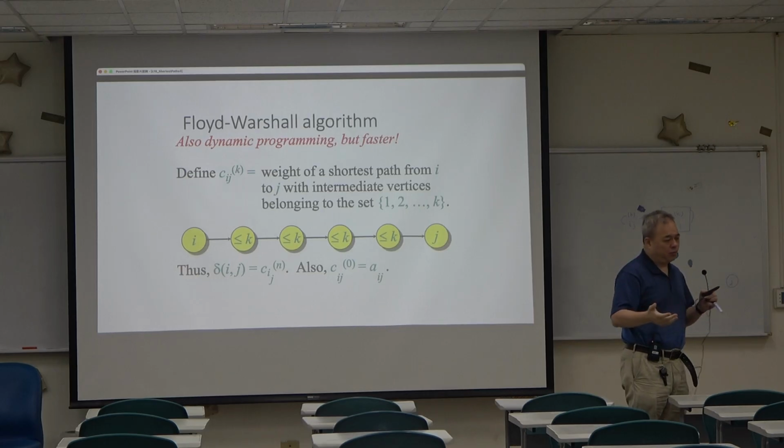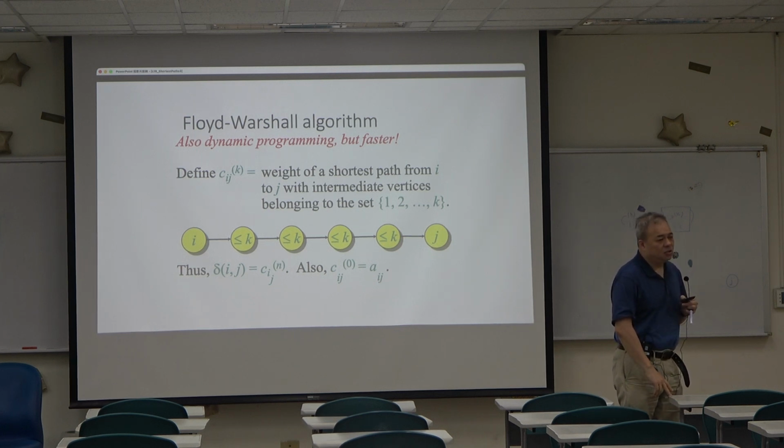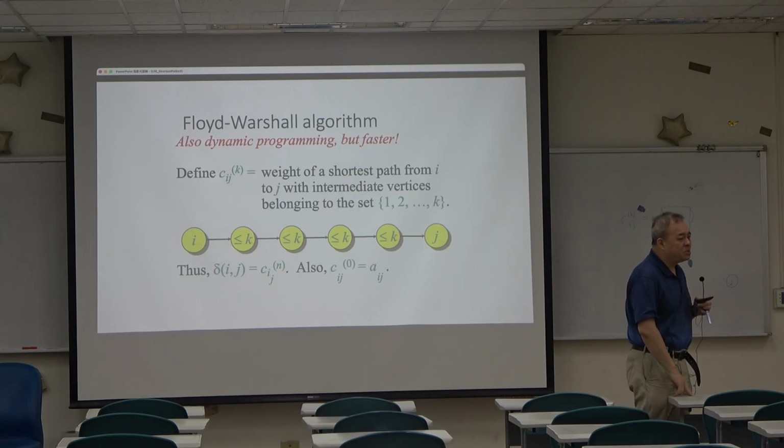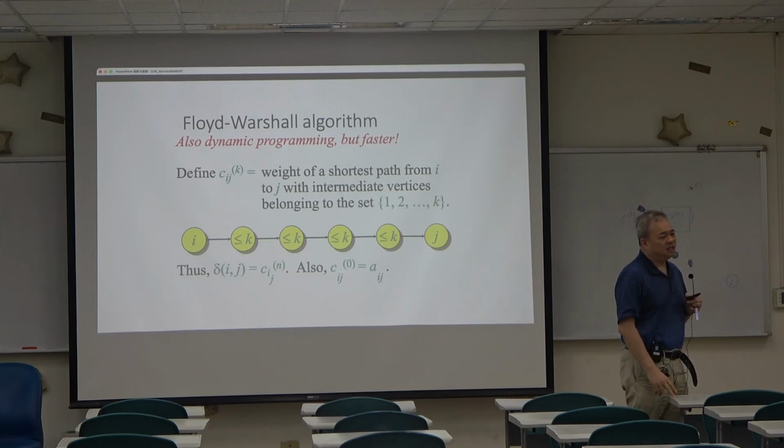Because now all the nodes in this graph are numbered from 1 to n. So if you are able to use every single node as the intermediate node, then obviously that means you don't have any constraint for intermediate nodes, right?